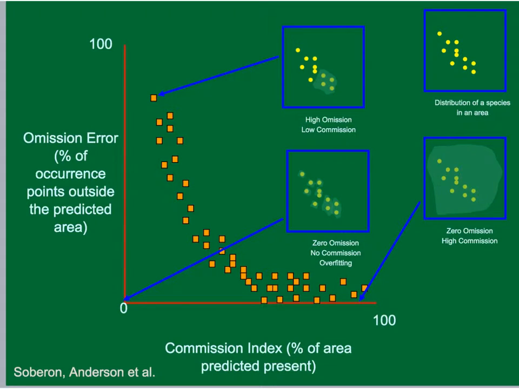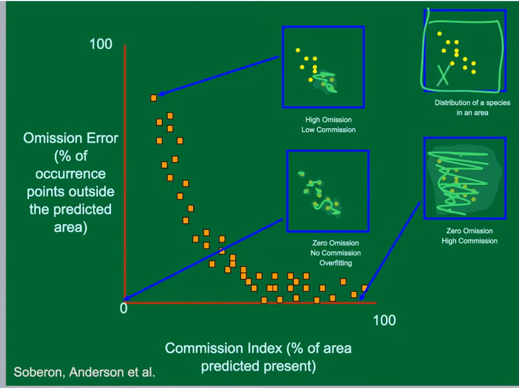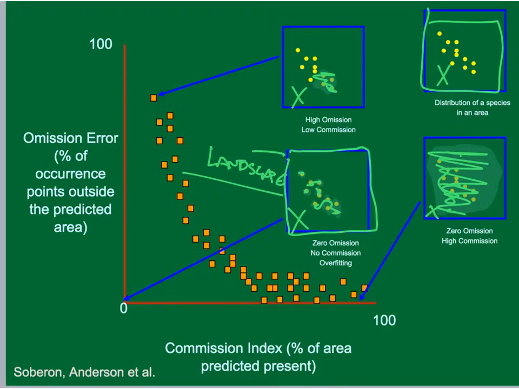So here we have examples where we have some estimate of the distribution, and we have some point distribution. So we have three scenarios identified here based on this same point distribution. We see it in each of these three scenarios, and we're looking at how each of those models predicted. So this blue box in each case would represent the landscape of this study.